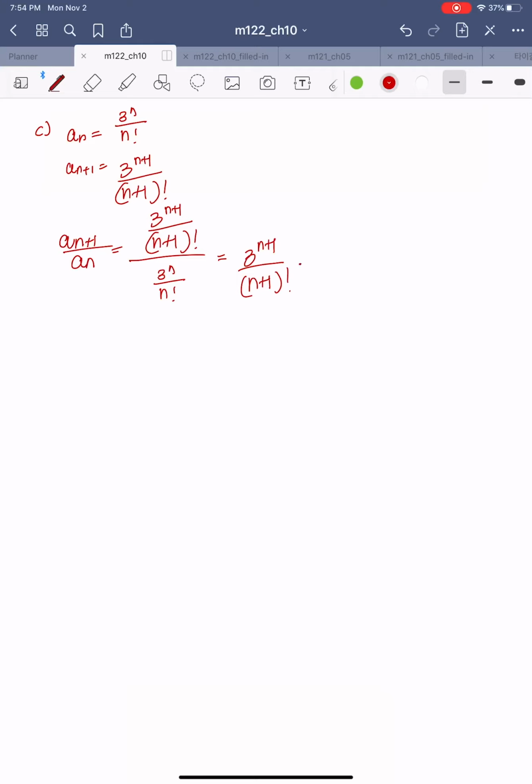And then flip this one, because I can technically multiply by n factorial over 3 raised to the n to get rid of it. Then I have n factorial here and 3 to the n. You know that 3 to the n plus 1 is 3 to the n times 3, so 3 to the n disappears, only the 3 survives. And n plus 1 factorial really is n plus 1 times n factorial, so n factorial disappears, leaving me just the 3 over n plus 1.